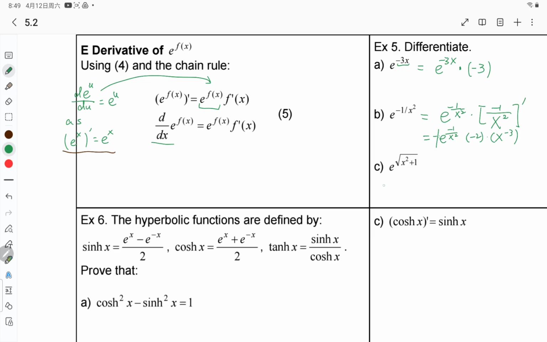And then what about this? So then I copy. So it's just a matter of practicing, right? Because we already learned these many times. So e to the u again, first layer, e to the u du is going to be, yeah, let me write it again, de to the u du, and then du dx, okay?